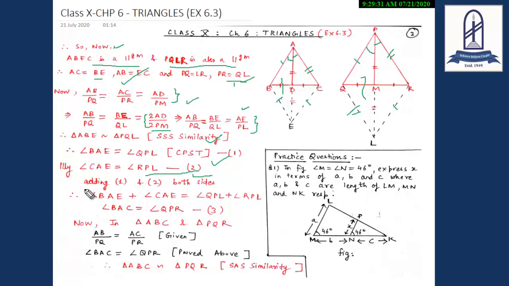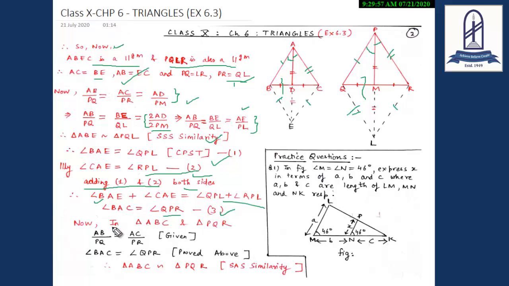And now when we add both the equations, that is 1 and 2, on both sides, we get angle BAE plus angle CAE is equal to angle QPL plus angle RPL. So according to our figure, angle BAE plus angle CAE is equal to angle BAC, and angle QPL plus angle RPL is equal to angle QPR. So here, this is our third equation.